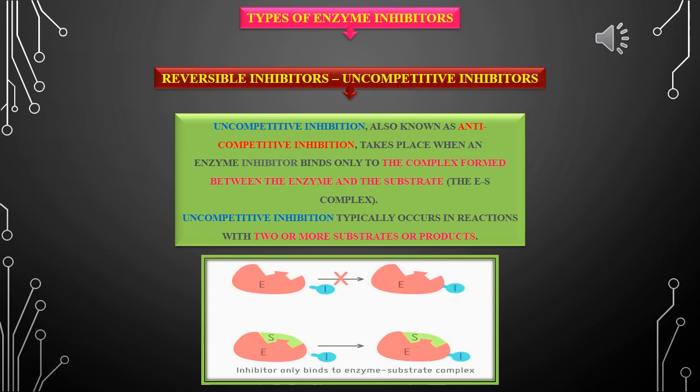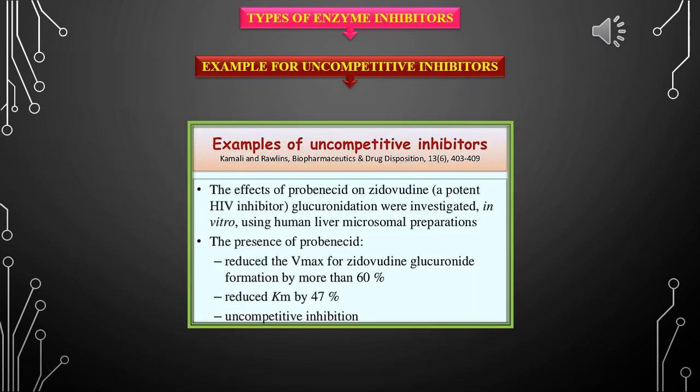The picture shows that when the enzyme has not reacted with the substrate, the uncompetitive inhibitor will not interact with the active site. It interacts once the enzyme-substrate complex forms. That is called an uncompetitive or anti-competitive inhibitor. An example is probenecid on zidovudine, a potent HIV inhibitor, through the glucuronidation pathway.